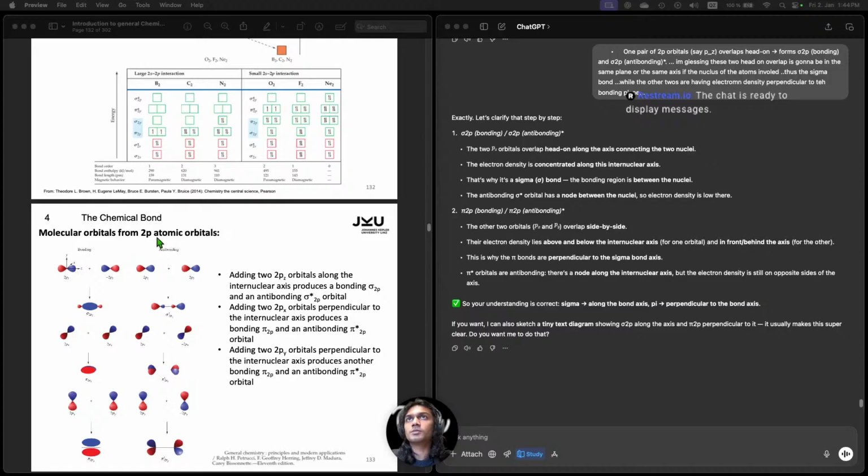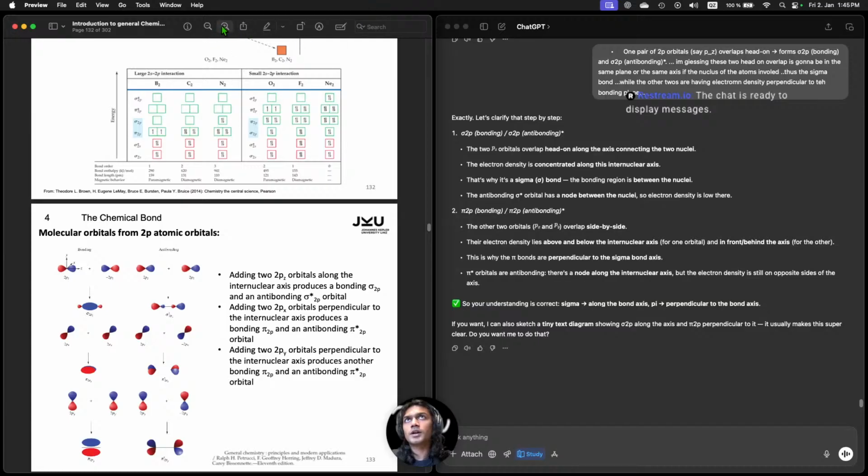Adding 2pz orbitals along the internuclear axis produces a bonding sigma 2p and anti-bonding sigma star 2p orbital. Adding 2px orbitals perpendicular to the internuclear axis produces a bonding pi 2p and anti-bonding pi star 2p.